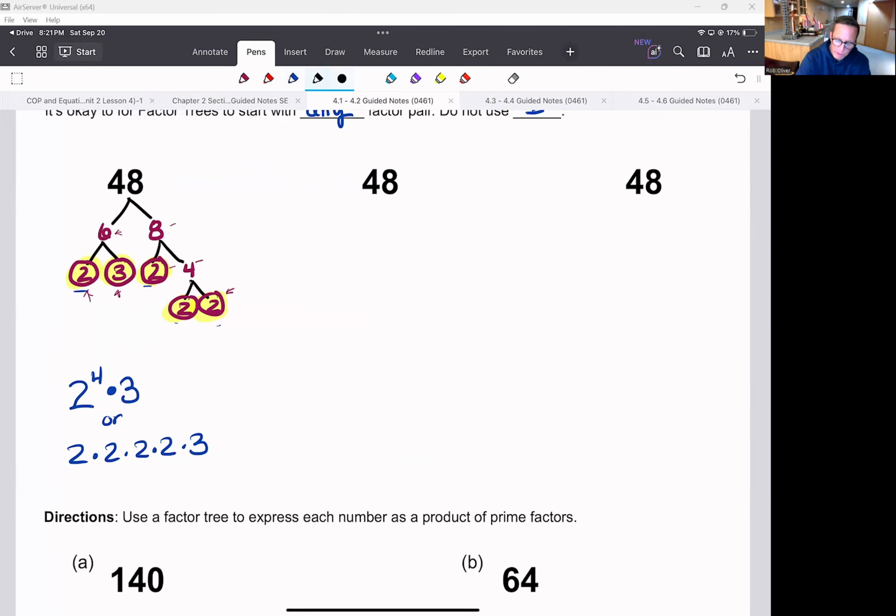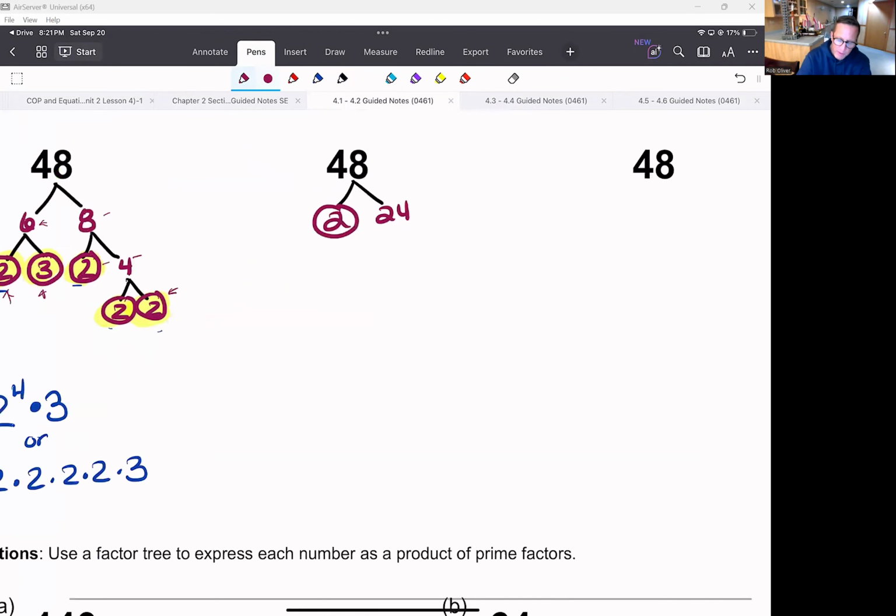Again, this is what I was showing you. It doesn't matter how you start it off. Just kind of an example here. We can do 2 and 24, right? So 2 is prime, and then branch off 24. Now 24, I can do 2 and 12. For 12, we can do 2 and 6.